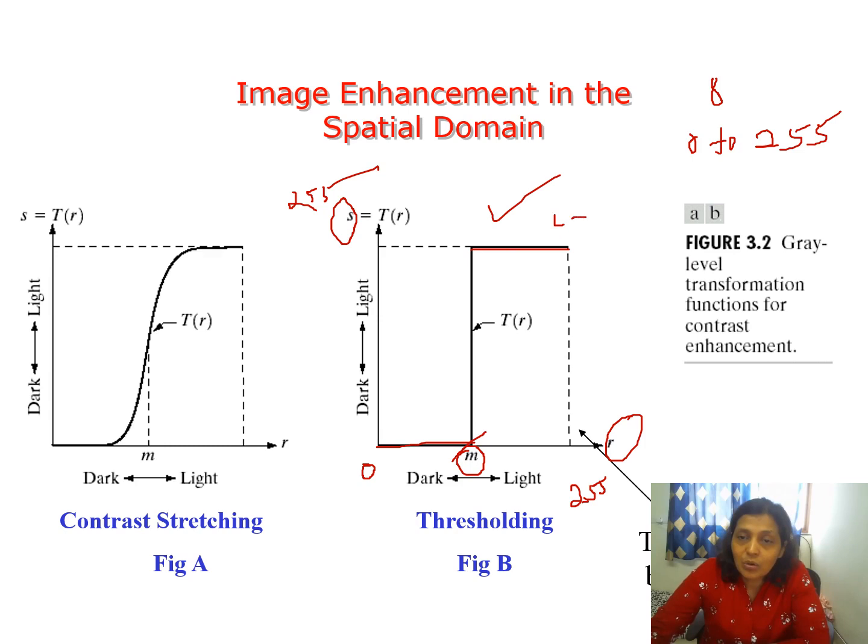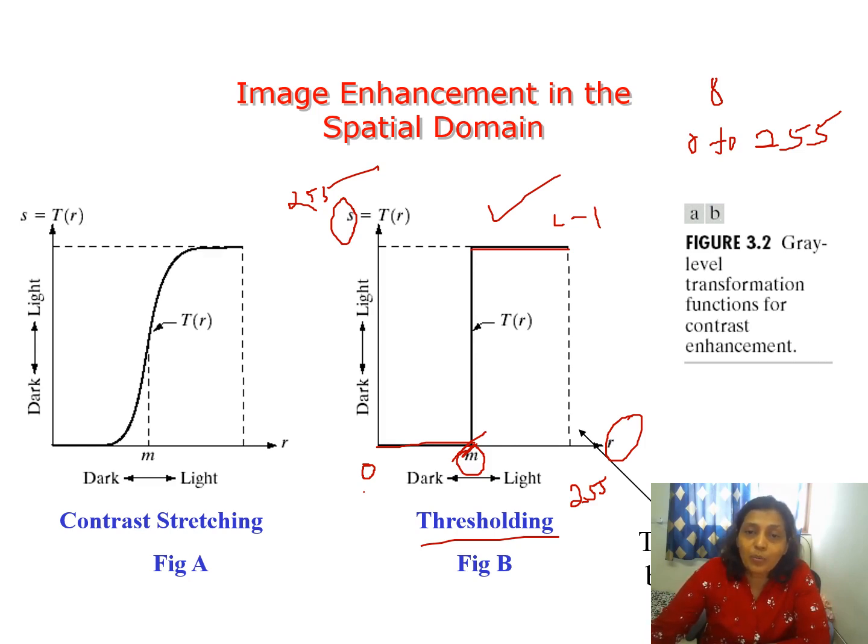So till m you get output equal to 0, and after m the output is L minus 1. So there are only two levels, either black or white. This is called thresholding. Thresholding is generally applied to convert the image into a binary image. So what is a binary image? A binary image has two levels, either 0 or 1, or you can say a black and white image.